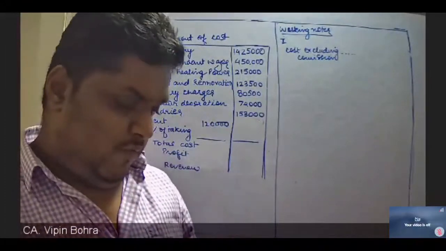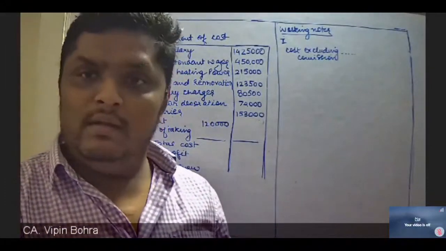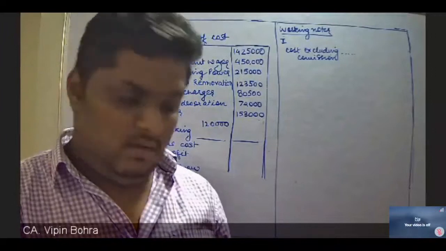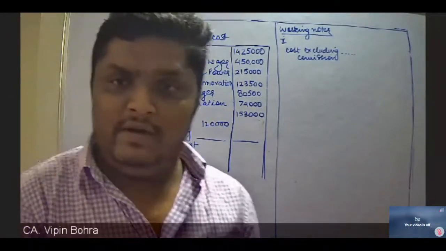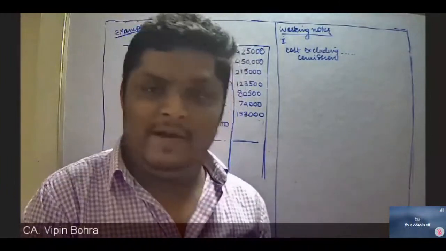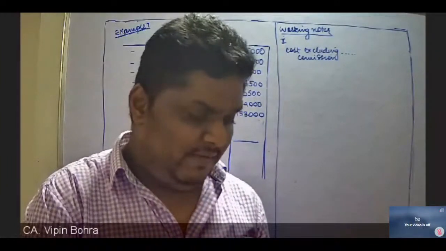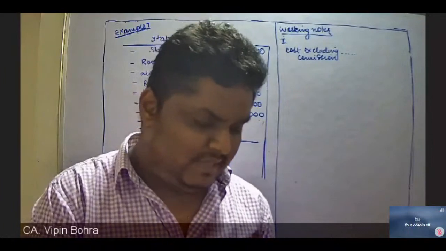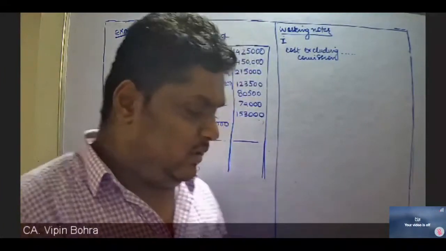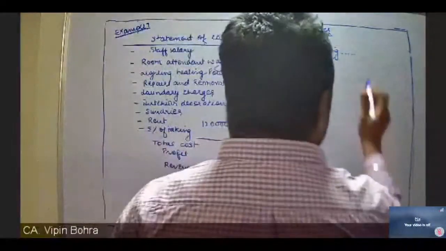So 14,25,000 plus 4,50,000 plus 2,15,000 plus 1,23,500 plus 80,500 plus 74,000 plus 1,53,000 plus 1,20,000 is 26,41,000.